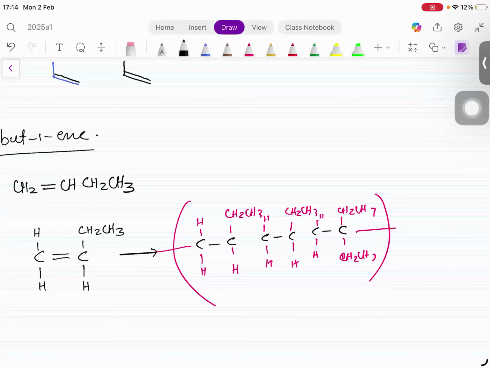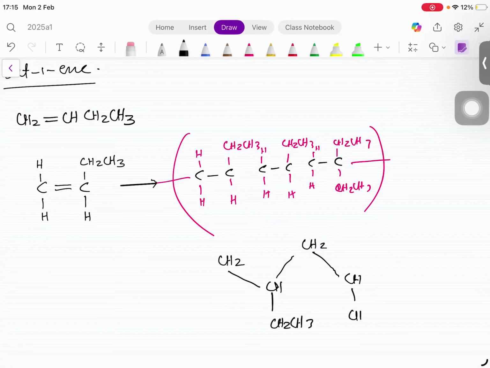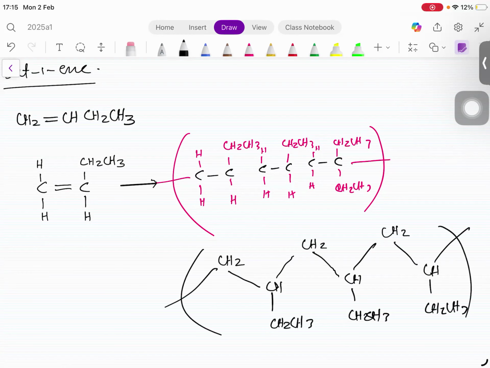Okay, now in a zigzag manner, in a semi-skeletal, the first one is CH2, then CH. I'll put CH2, CH3 in the branch here. Then again CH2, CH. I'll put CH2, CH3 in the branch here. Again CH2, CH. And then CH2, CH3 in the branch here. Here it goes. Is it so?